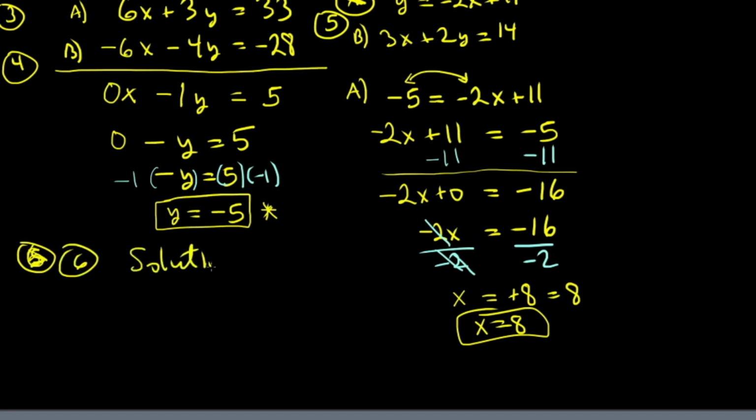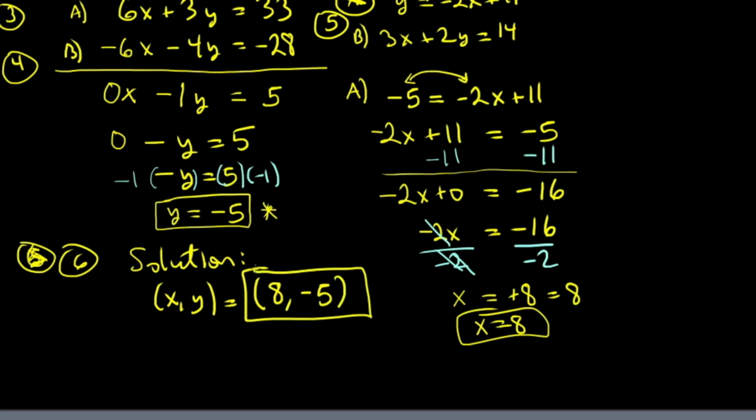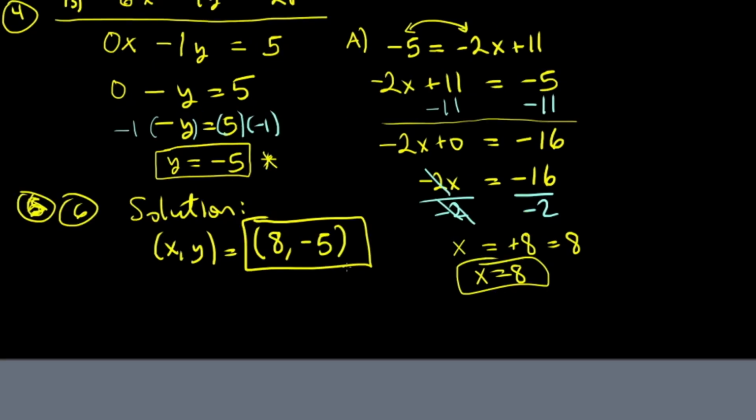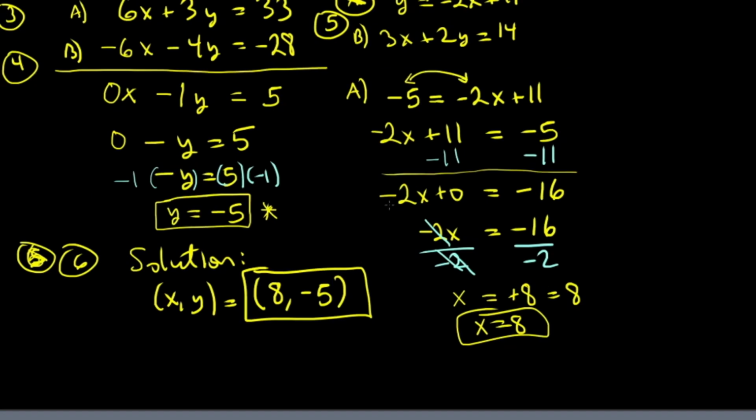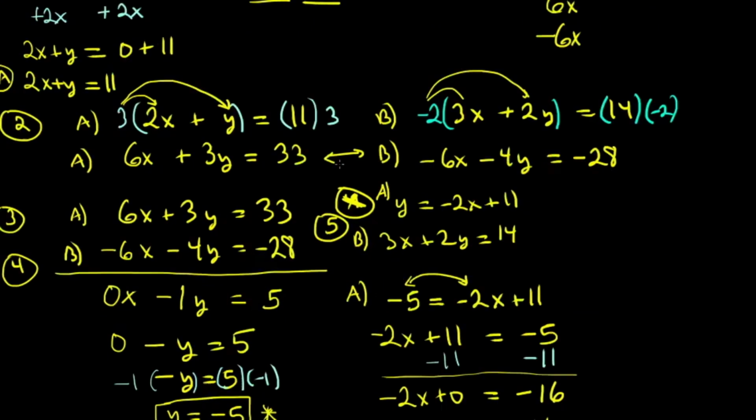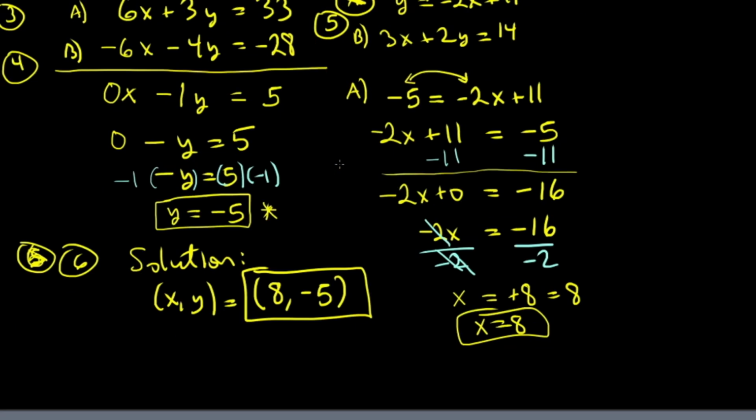Let's write down the solution as an ordered pair, right? It's x, then y. So even though we found y first, right, don't put the negative 5 first. The 8 goes first, and then the negative 5. So that's our solution. Okay. Right, and then step 6 is to check. Right. So let's check.